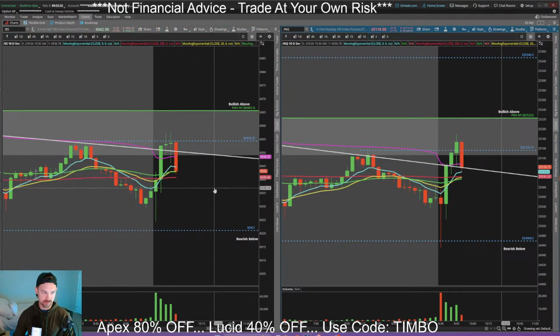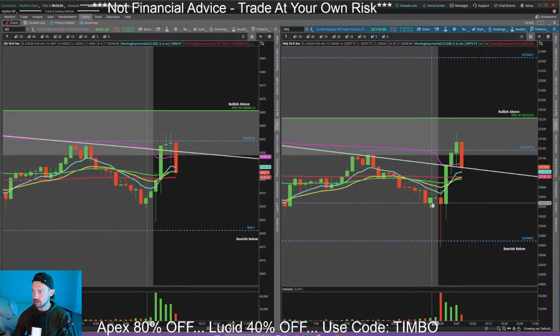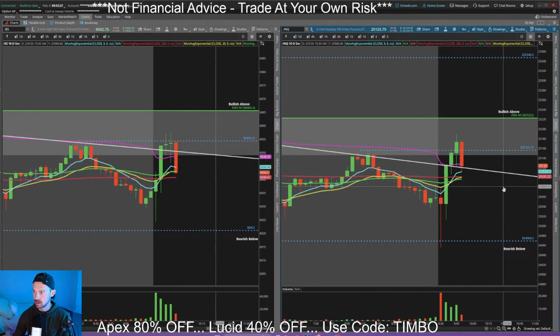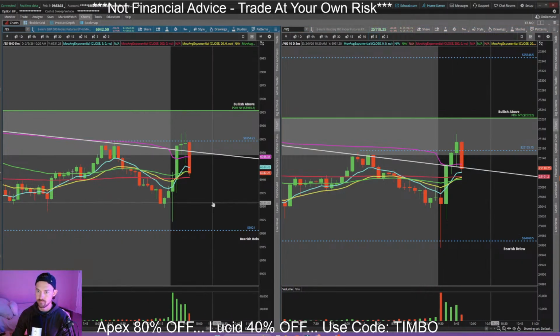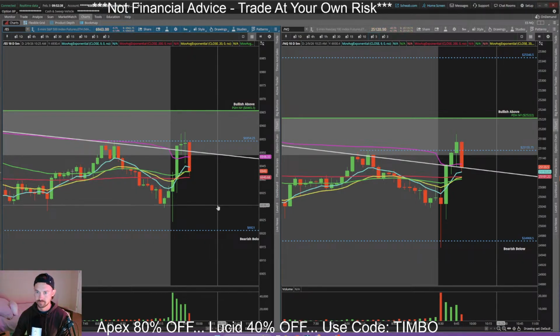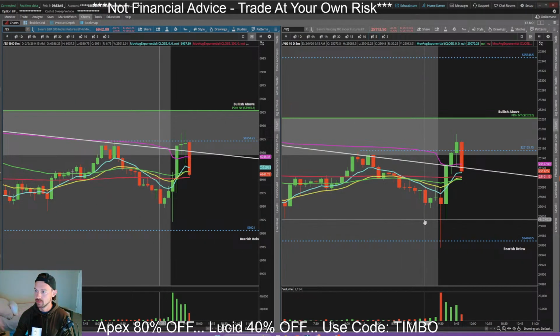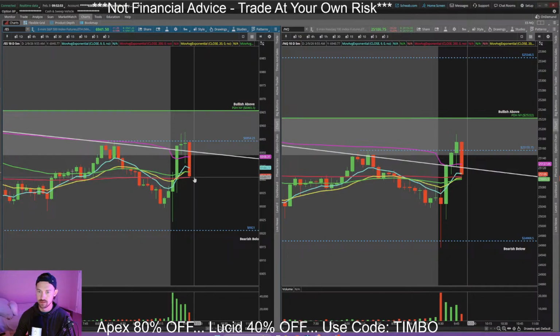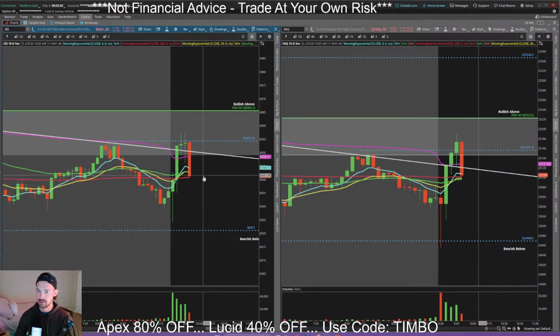It's kind of the first test to see if the buyers are for real here after that push up. See if they can hold it up or not. Pretty good rejection so far. ES kind of looking a little heavy here.